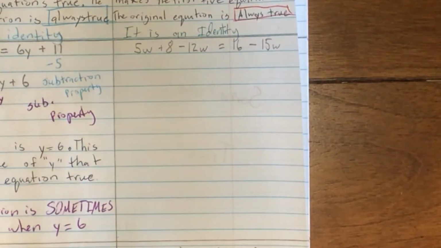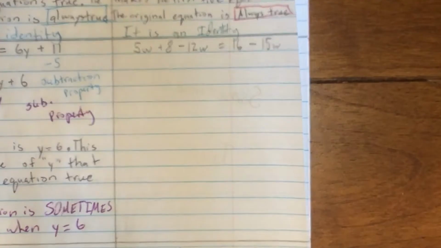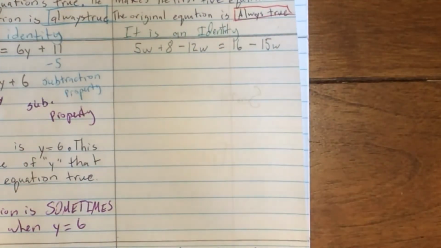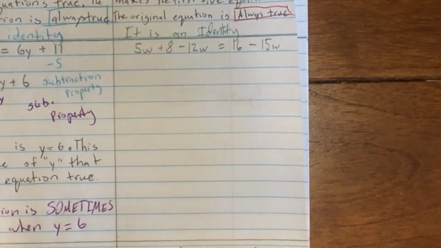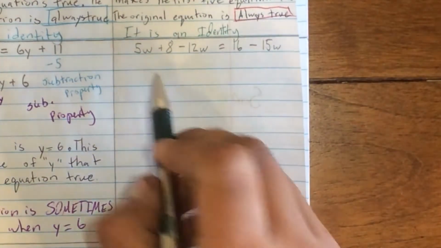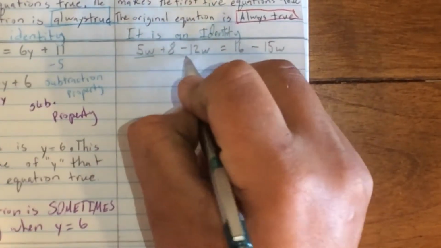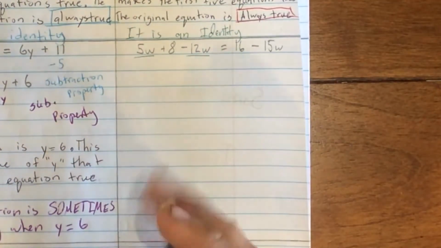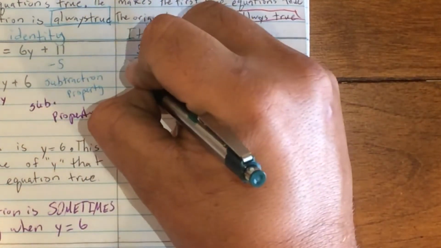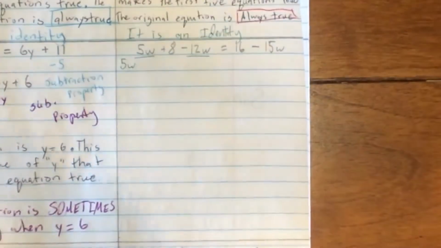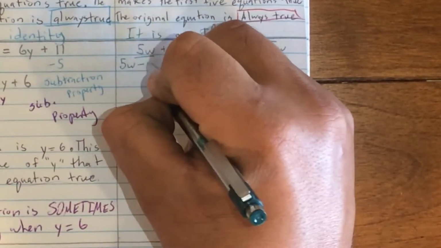This is part 4 of foldable number 4, and we're still on sometimes true. So we're going to start by using our commutative property. We'll rewrite these, moving these over so that they're in the same position, so it makes it easier to add. So we're going to have our 5w plus or minus our 12w.